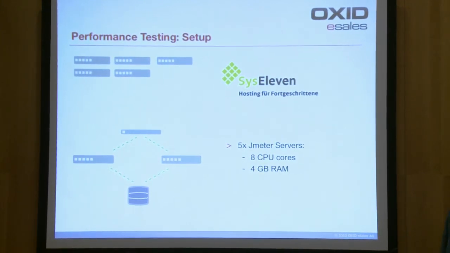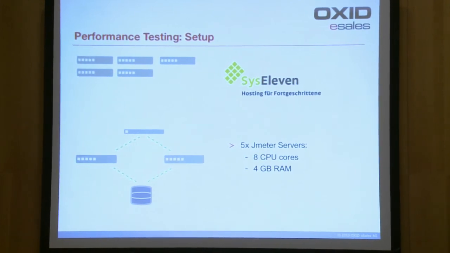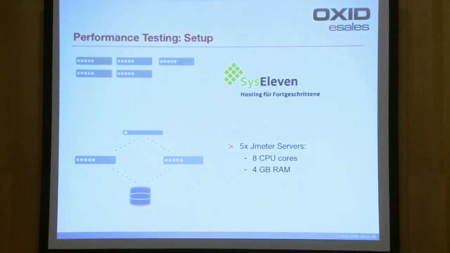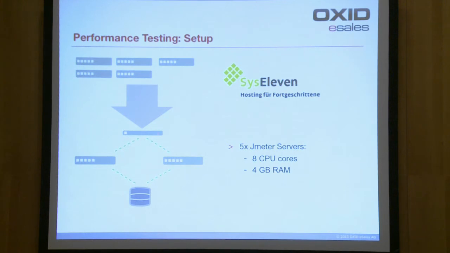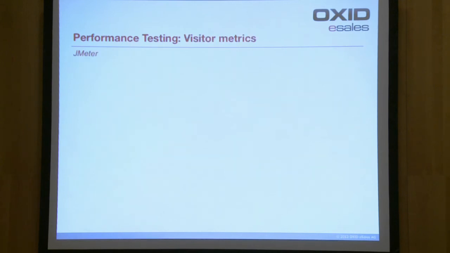And actually, to get enough load on it, 1 server for JMeter is not enough. So we ended up with 5 JMeter servers to actually be able to create that amount of load. And that's what we did, and those were the occasions where SysEleven then reduced our resources or suddenly gave us more. Well, anyway, we managed to do load testing.